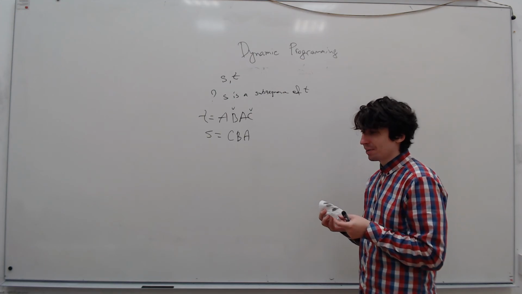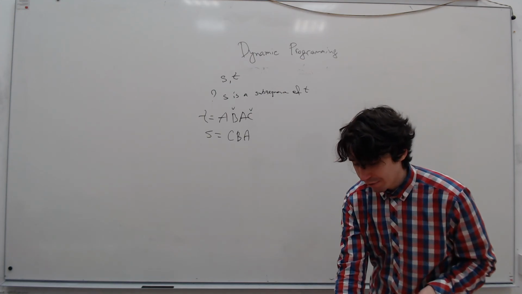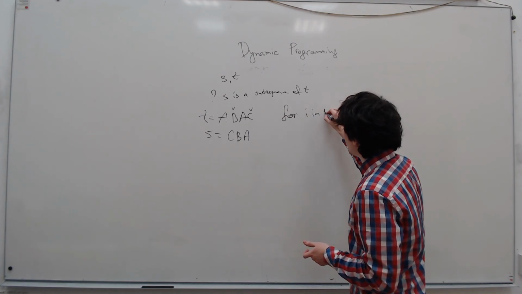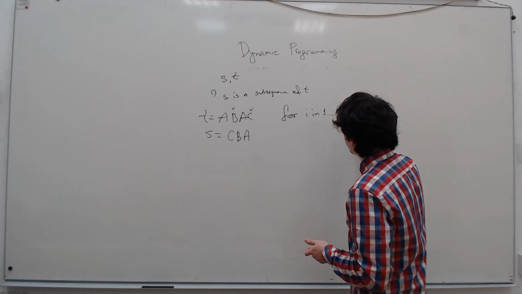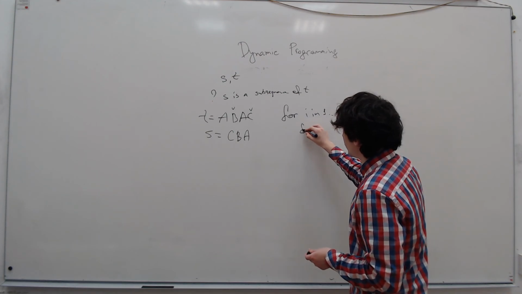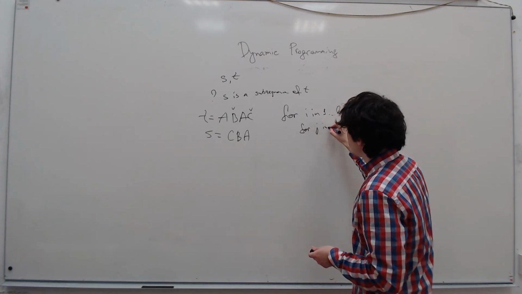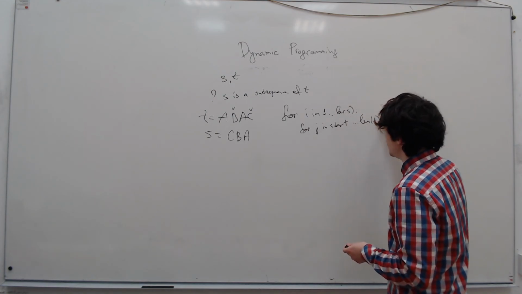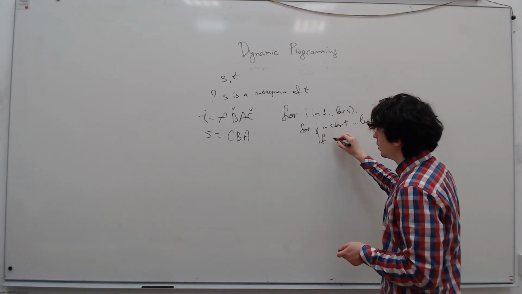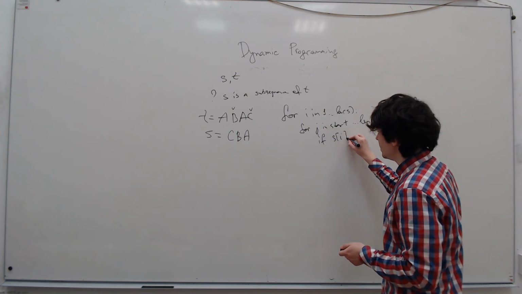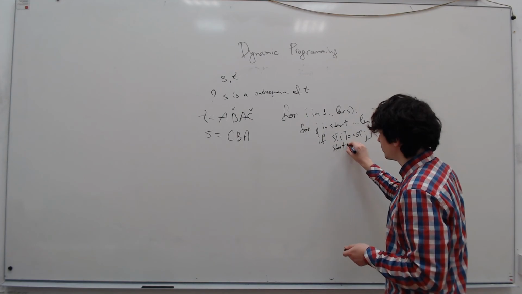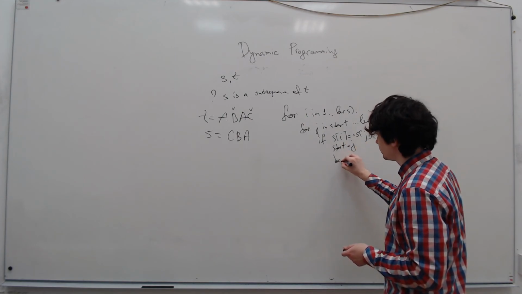That's the funniest part. You have the following algorithm: for I in 1 to len S, for J in start to len T, if Si equals Tj, then start equals J and break.